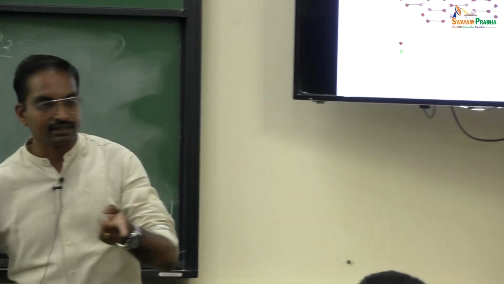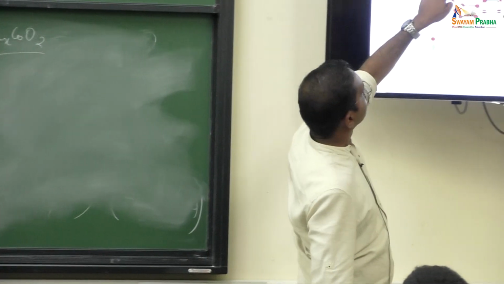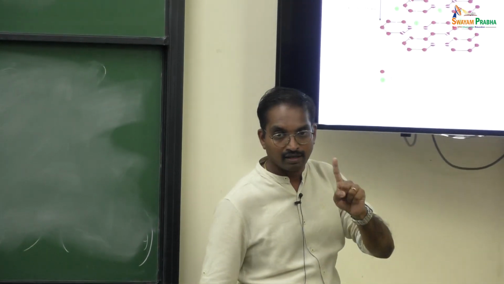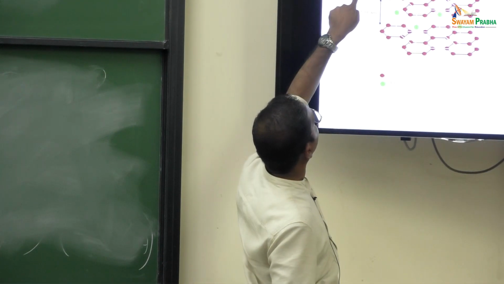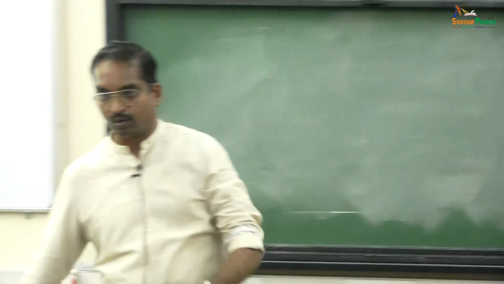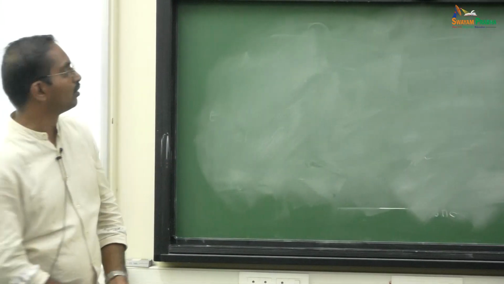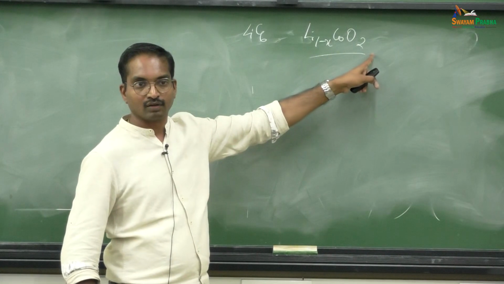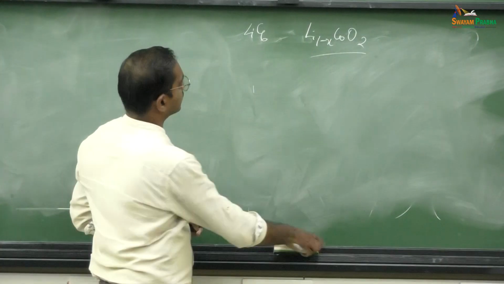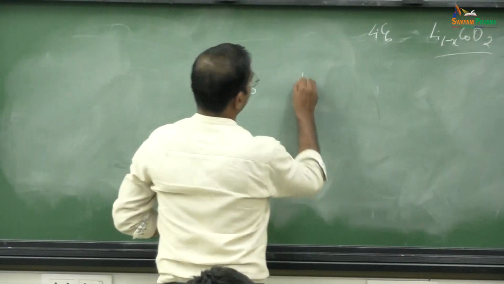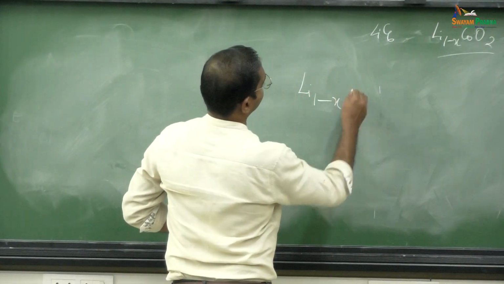So C6, and Li's are in the edge center. There are 4 Li's, 1/4 each, so 1 Li. So C6Li, this is LiC6. So that is my anode. LiC6 is my anode, and Li1-xCoO2 is my cathode. Okay, Li1-x, I can write LiC6, Li1-x like this.